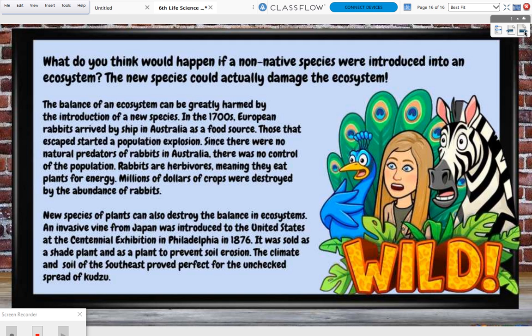Okay, the same thing can happen with a species of plant. A new species of plant can also destroy the balance in ecosystems. An invasive vine from Japan was introduced to the United States at the Centennial Exhibition in Philadelphia in 1876. It was sold as a shade plant and as a plant to prevent soil erosion. The climate and soil of the southeast proved perfect for the unchecked spread of kudzu, and we have kudzu so bad in parts of Mississippi.